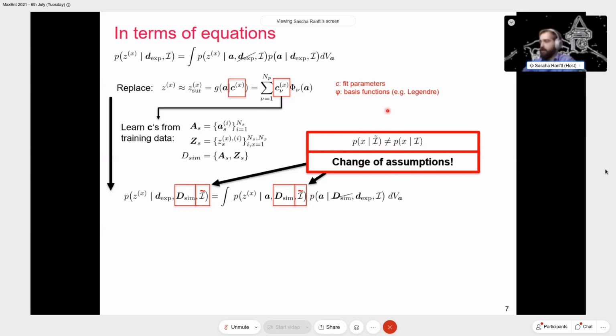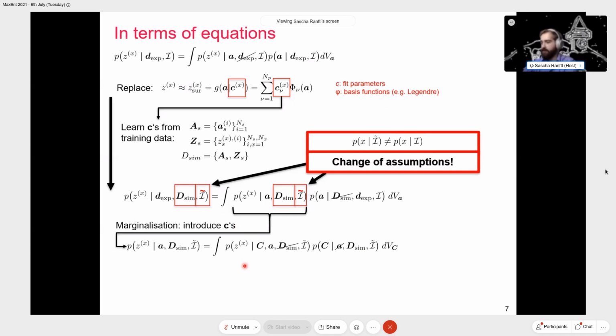Okay, so let's look at this term around here. The probability for the sets given our input variable A and the simulation data. And we can quantify this easily by introducing our regression coefficients C with marginalization. So all we do is introduce here the C's and marginalize with respect to the C's, and we find this expression.